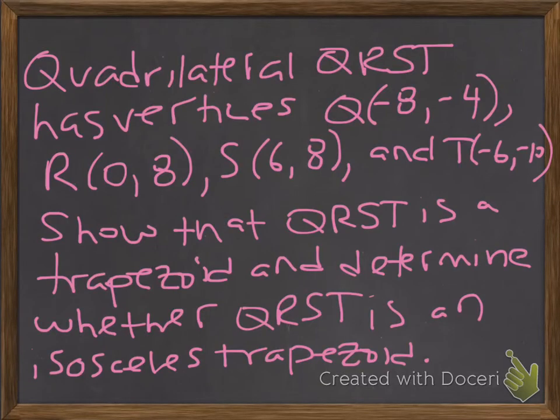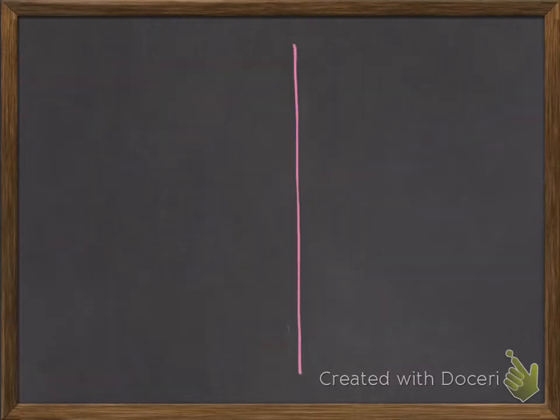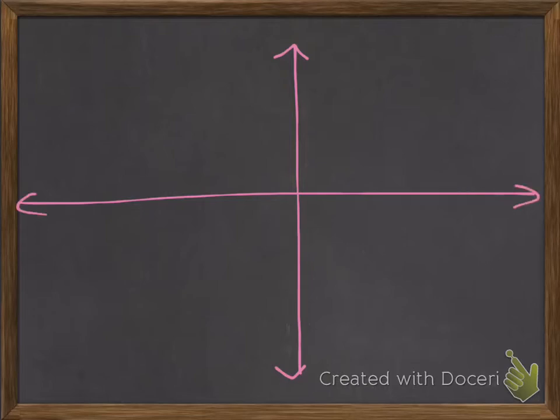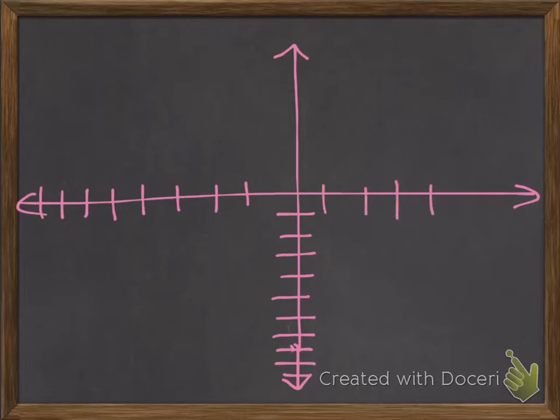Then we have another example where it gives us coordinates. So here we have the quadrilateral QRST with vertices listed, and we're supposed to show that this is a trapezoid and also tell whether it's an isosceles trapezoid or not. So we're going to graph them. We have Q is -8, -4. So -8, -4 is going to be down here.